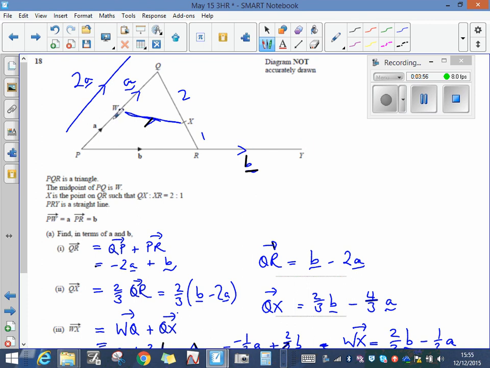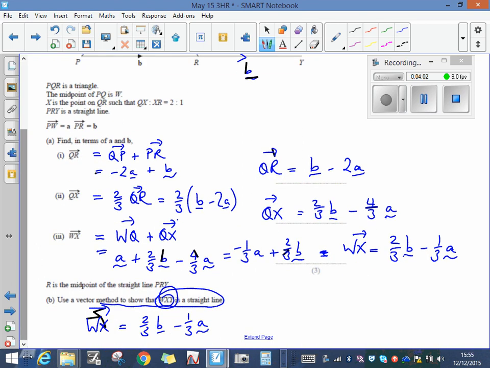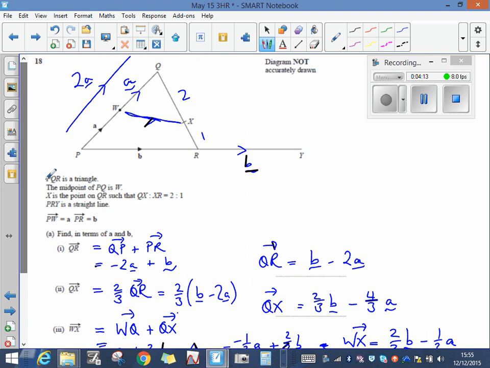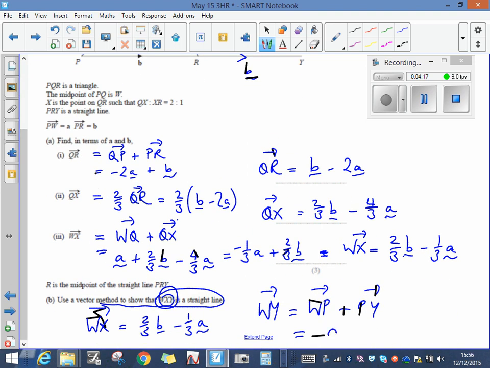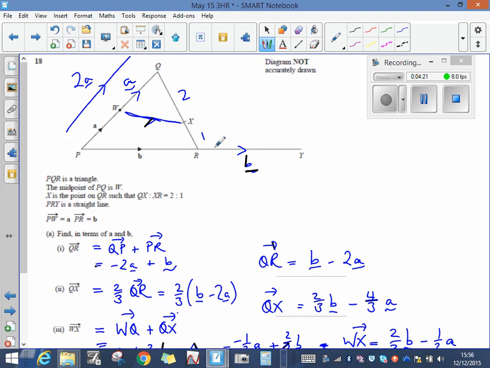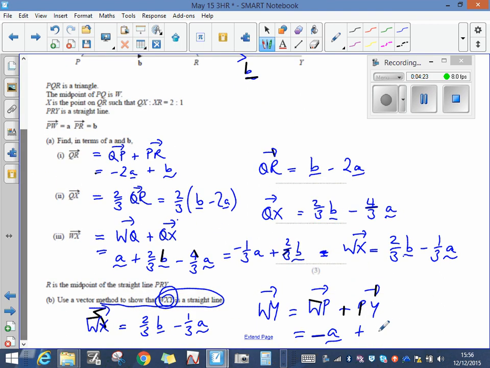To find WY, I'm going to go from W to P and then P to Y. So WY is the same as WP plus PY. The vector WP, well, I can see that WP is just minus A, and then PY, that's easy, that's just 2B, isn't it? So it's minus A plus 2B.